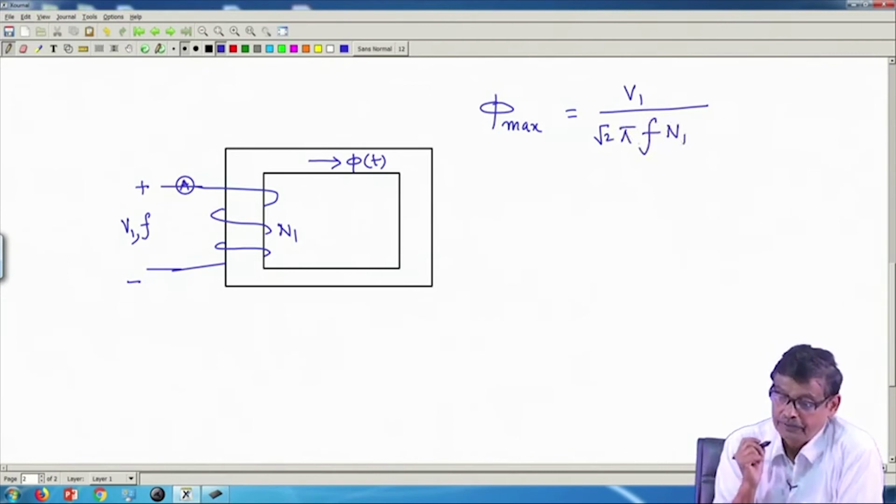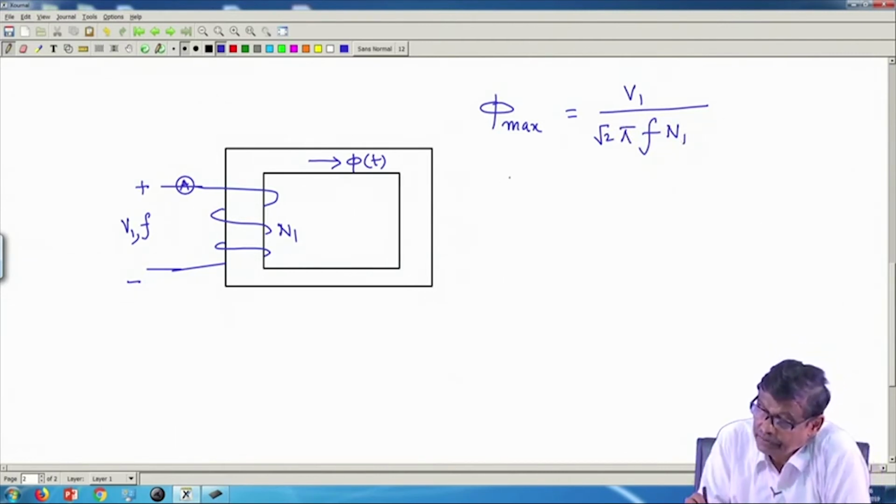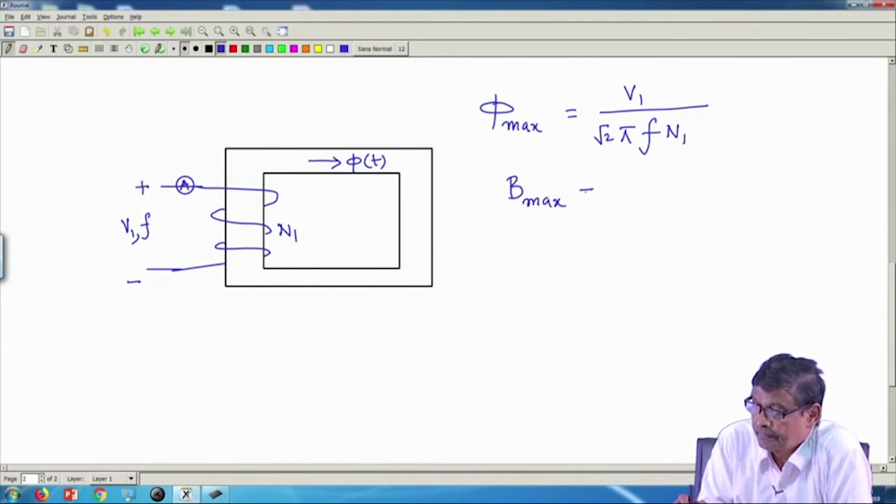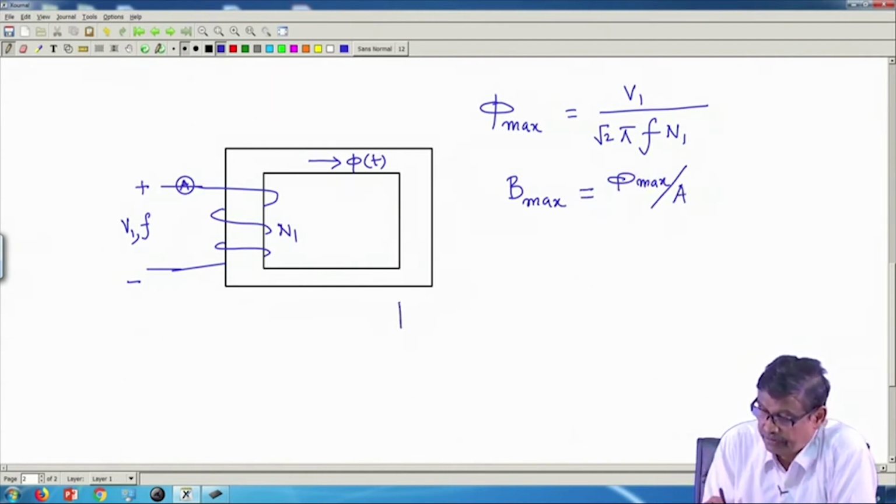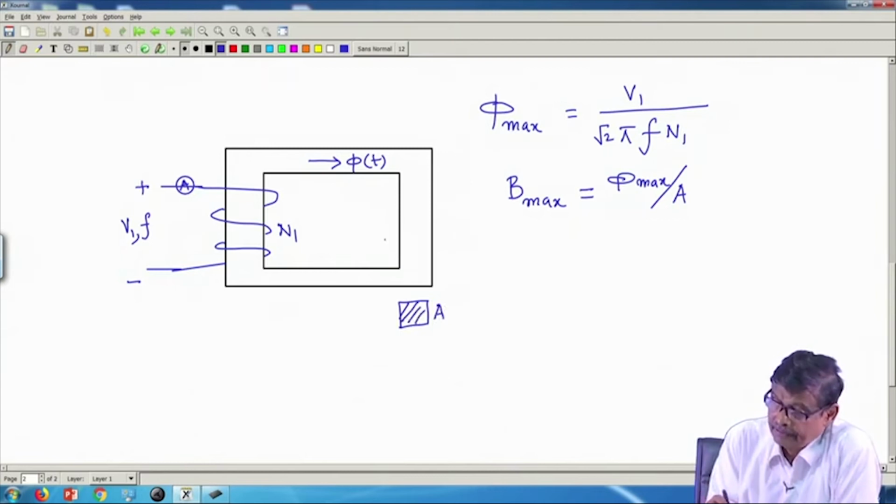This I know. Then I will calculate B max, which is equal to phi max divided by the cross sectional area of the core. Suppose it is uniform and constant; this is A, the cross sectional area.